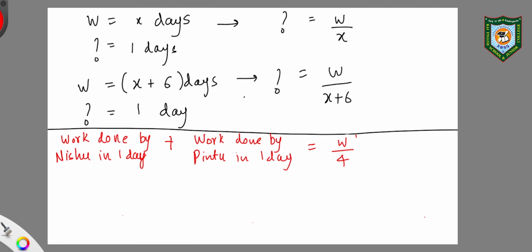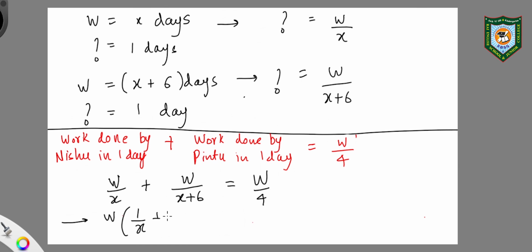So all we have to do is now substitute the values for work done by Nishu in 1 day and work done by Pintu in 1 day. So this becomes W divided by X plus W divided by X plus 6. This is equals to W divided by 4. Now in the next step, all we have to do is take W common. So I have W into 1 by X plus 1 upon X plus 6.